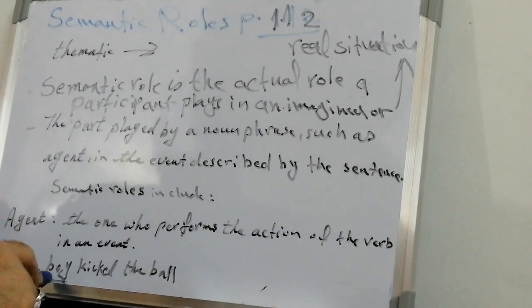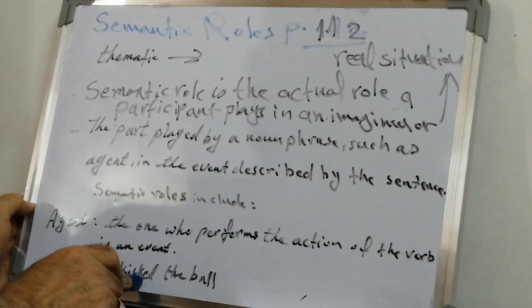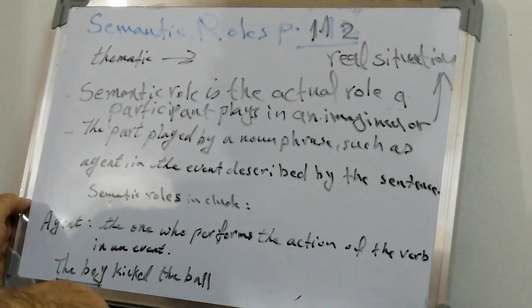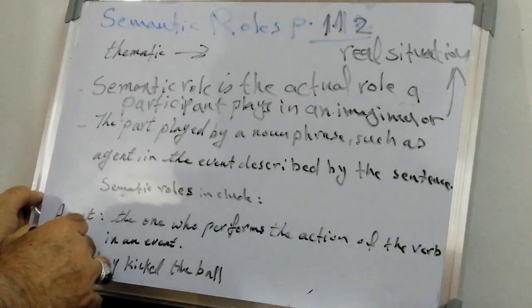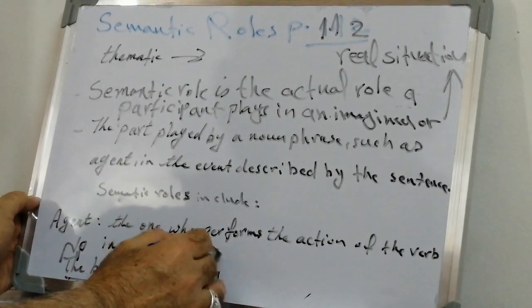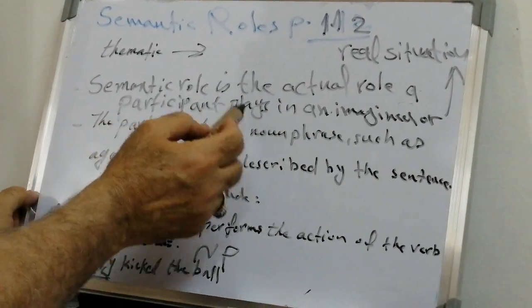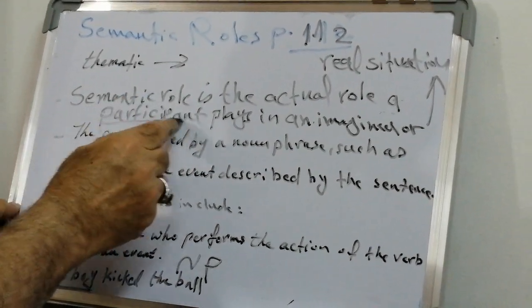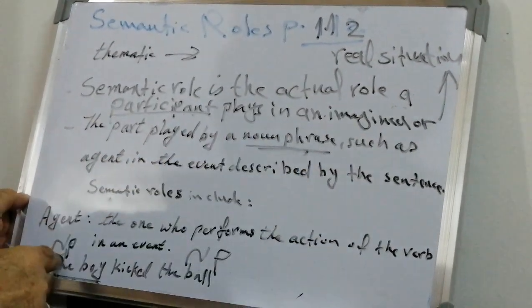Now let us look at the phrase the boy in this sentence: The boy kicked the ball. Here we have an NP, and here we have another NP. The boy is the participant, the noun phrase.